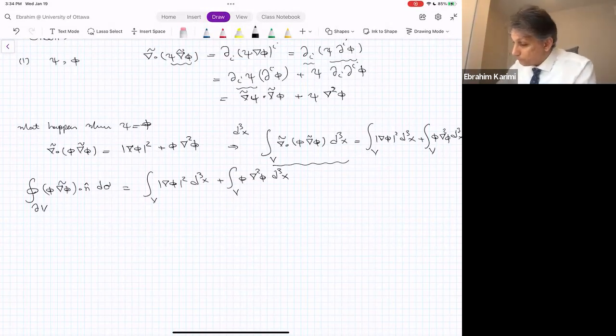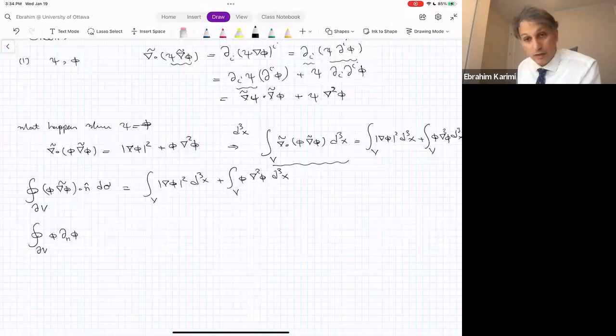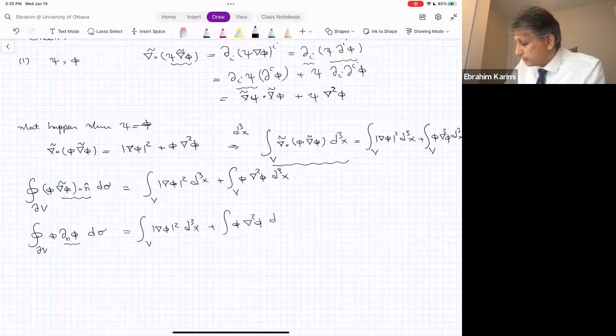Sometimes we will write it in this way as well. The integral on the surface of V of the derivative of phi with respect to n, so gradient times the normal vector, which we call the normal derivative, d sigma, is equal to the integral of the gradient of phi to the power of 2 d3x over the volume plus the integral of phi Laplacian phi d3x over the volume.